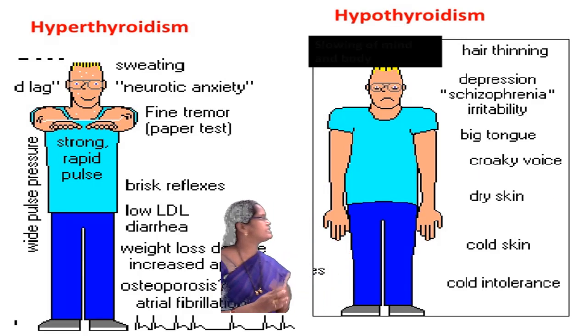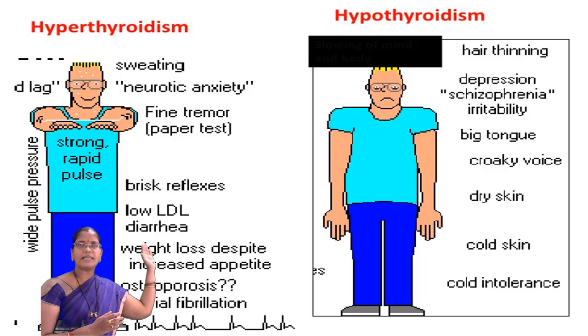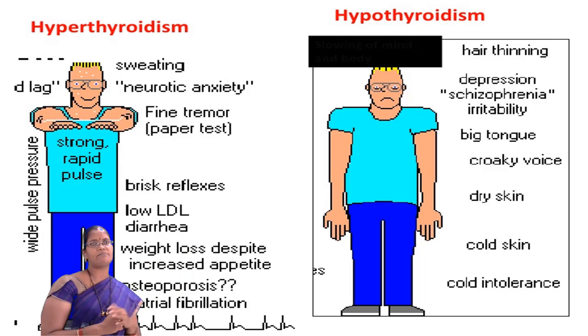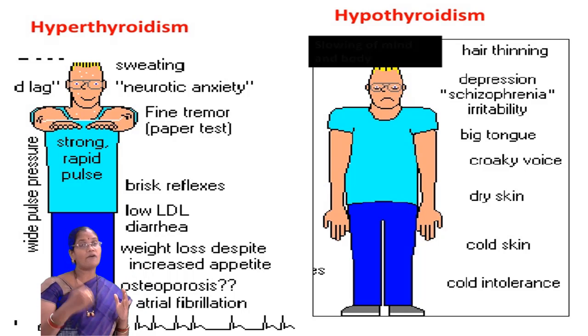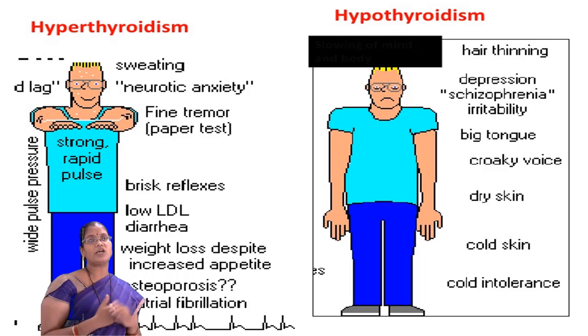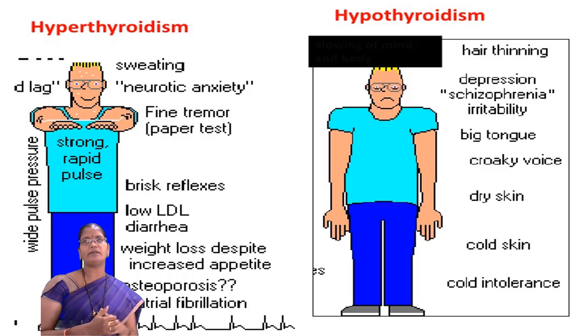And now we will see the major difference between hyperthyroidism and hypothyroidism, that is, how we identify a hyperthyroid patient and a hypothyroid patient. In the case of hyperthyroidism, sweating is seen and neurotic anxiety. That means the patient will have anxiety and fine tremor.